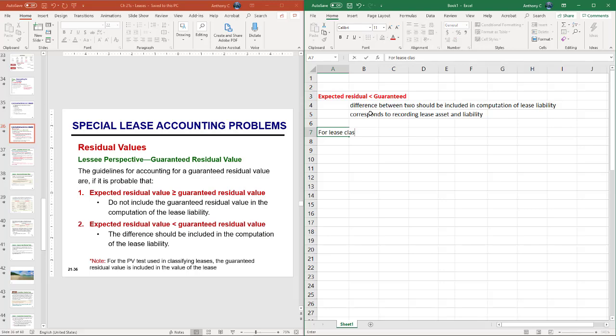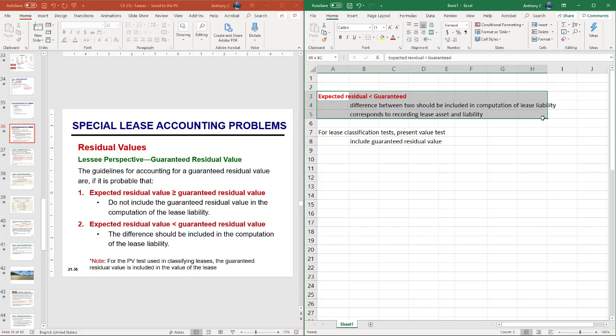For our lease classification tests, if we remember, we did a present value test, where we take the present value of the lease payments and see if it's greater than or equal to 90% of the fair value of the asset. For the lease classification tests, you include the guaranteed residual value in performing the test. For recording the lease asset and lease liability, the test is different.